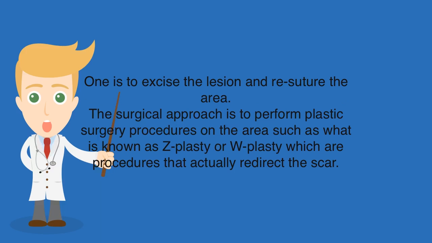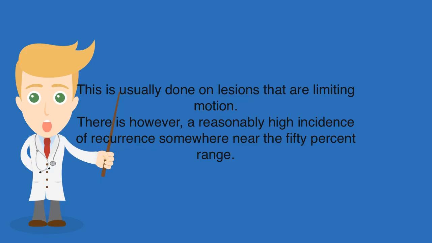One is to excise the lesion and resuture the area. The other surgical approach is to perform plastic surgery procedures on the area, such as what is known as Z-plasty or W-plasty, which are procedures that actually redirect the scar. This is usually done on lesions that are limiting motion. There is, however, a reasonably high incidence of recurrence, somewhere near the 50% range.